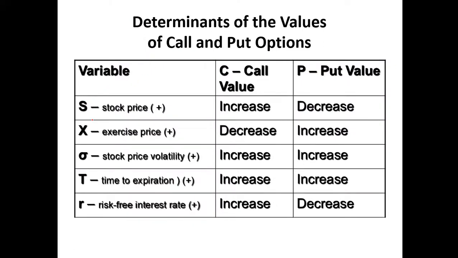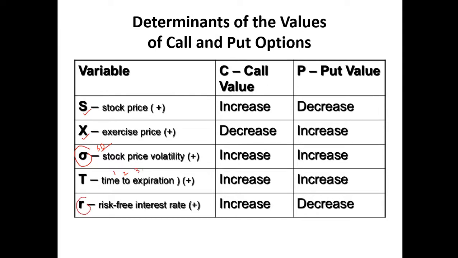Their formula is based on 5 variables. The first variable is stock price. The second variable is exercise price, that is the price at which one can exercise. The third variable is the volatility, which is nothing but, as you already know, standard deviation. Then time to expiration, which means the maturity period, 1 month, 2 months, 3 months, whatever.